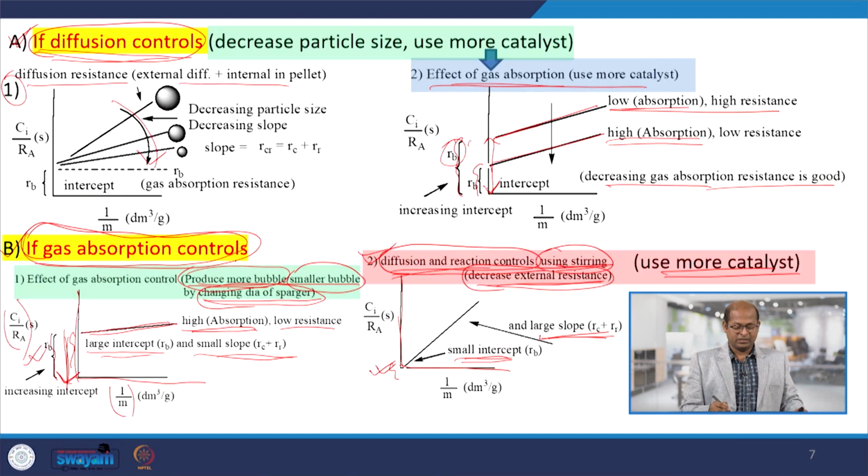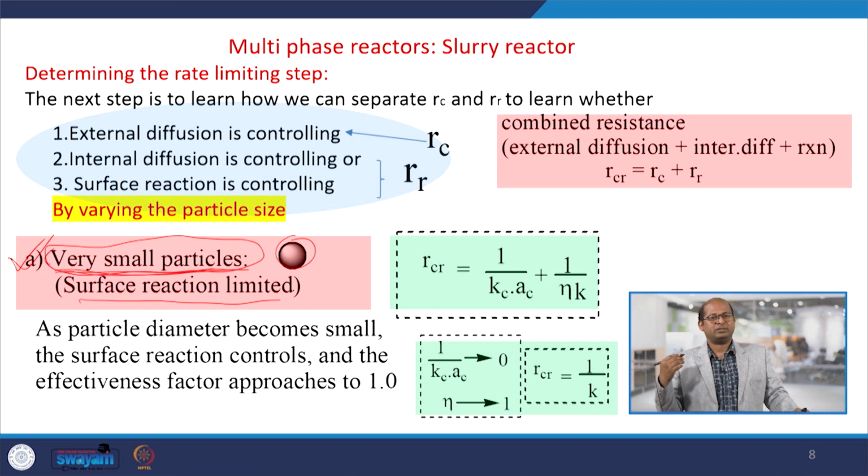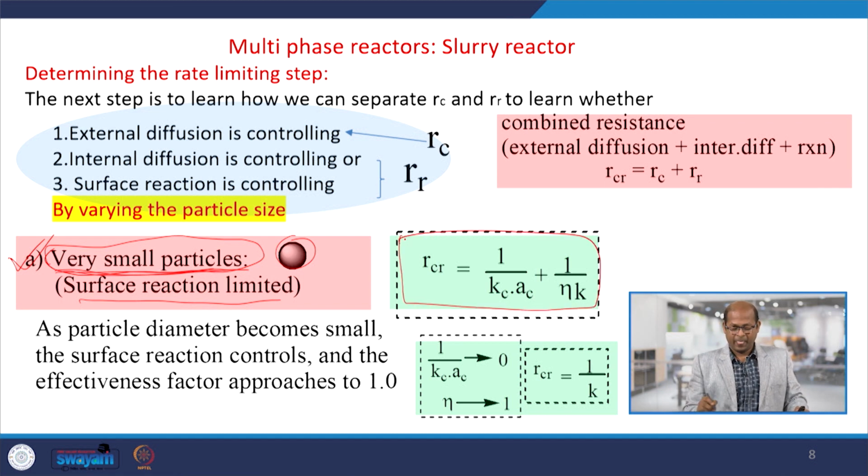So, this is the combined resistance: external diffusional resistance as well as internal resistance, and reaction. So, let us say we take very small particles, and in this case surface reaction is limited, that is, surface reaction controls the reaction, and in that case we can write this combined resistance this way. Okay.